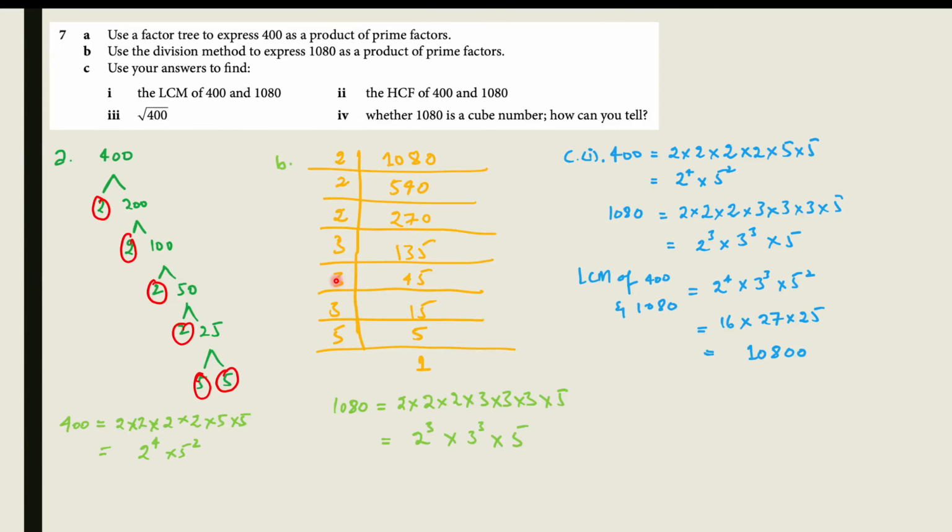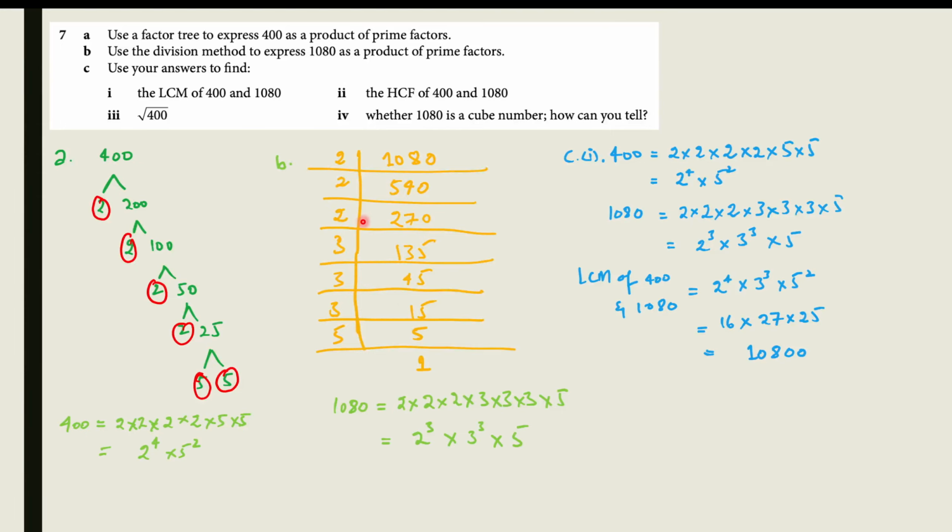So we can say 3 multiplied by 15 is equal to 45. Then 3 multiplied by 5 is equal to 15. When we get 5, this can no longer be divided by 3, so we move to the next prime number, which is 5. So 5 multiplied by 1 is equal to 5.